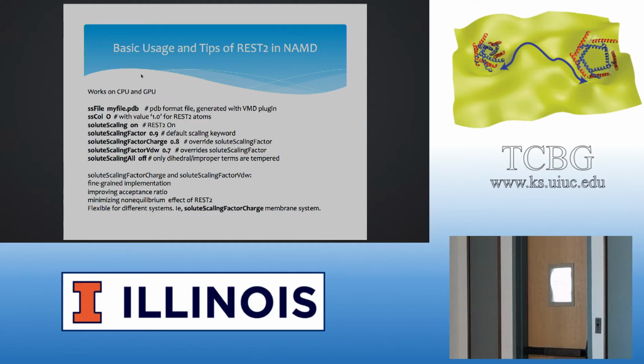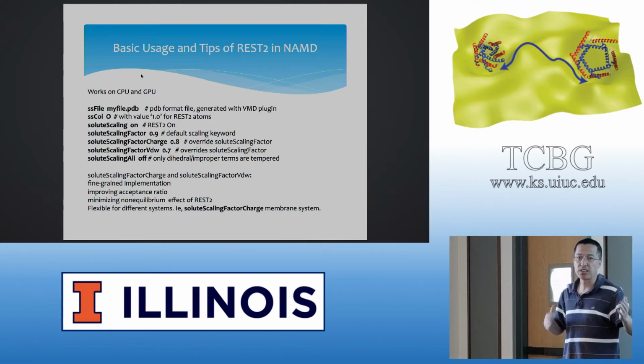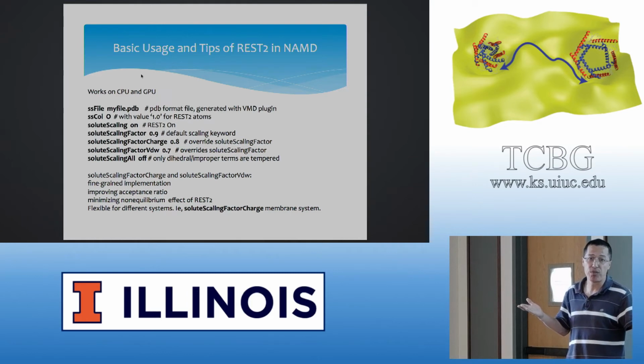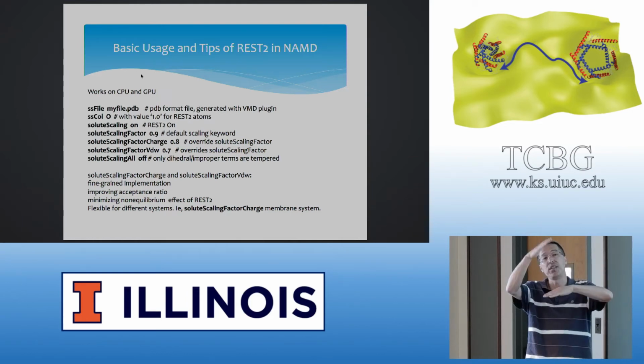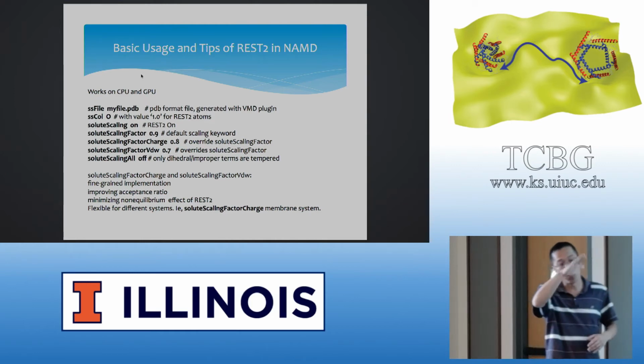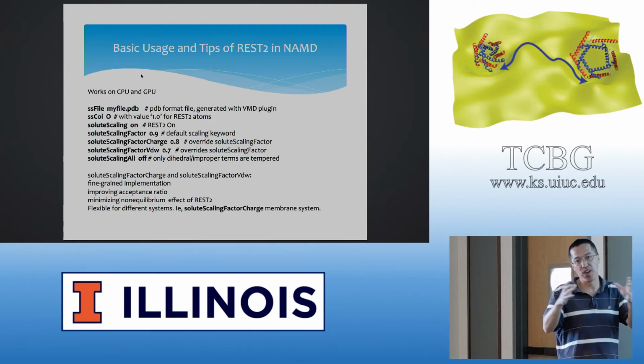And this fine-grained implementation is flexible for different systems. For example, for a membrane system, membrane assembly is not as difficult as protein folding, but of course it's not cheap. Why? Because in a membrane system, the polar head group forms a very strong electrostatic trap there.